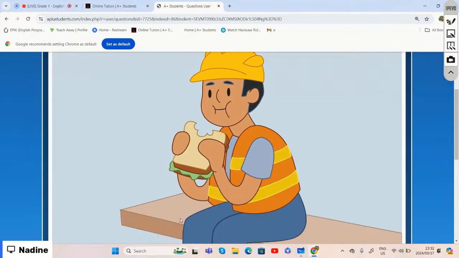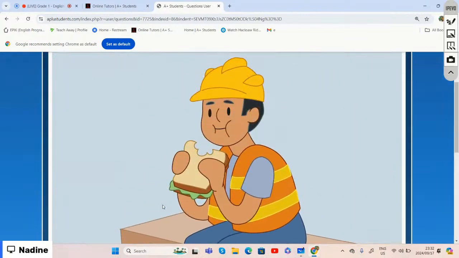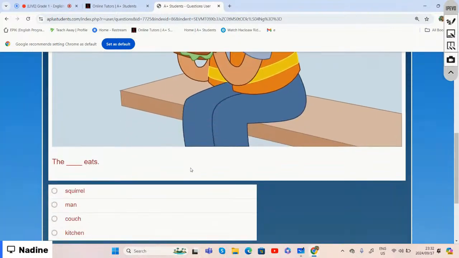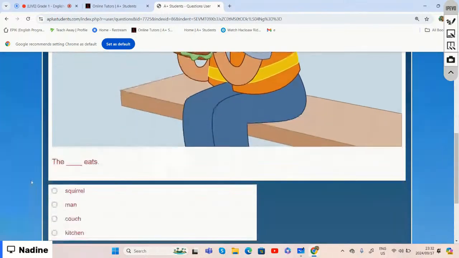If we look at the picture, right, here we have a man, and the man is eating his sandwich. Now it says the eats. Who is eating the sandwich? Do we say the squirrel, option 1, eats? Do we say the man, option 2, eats? Do we say the couch, option 3, eats?